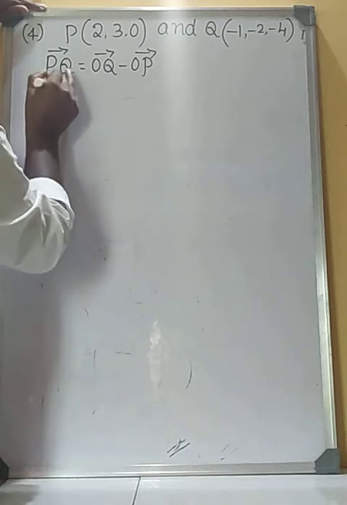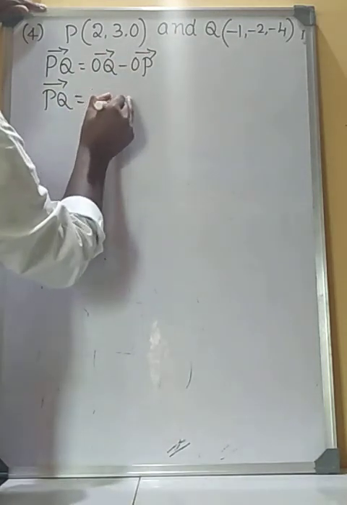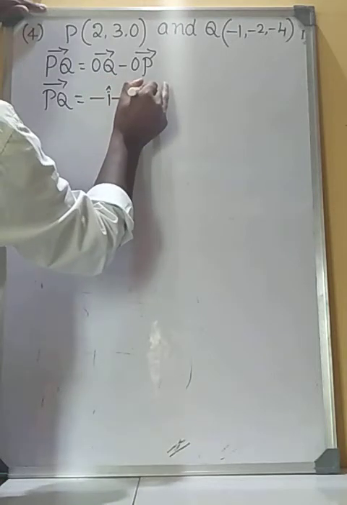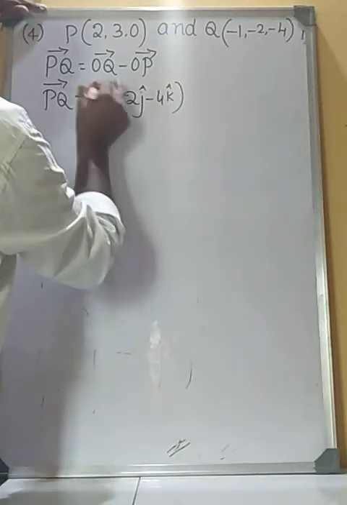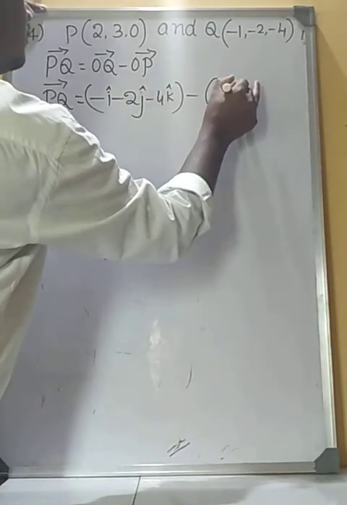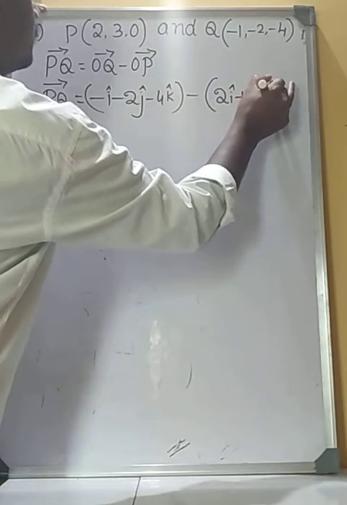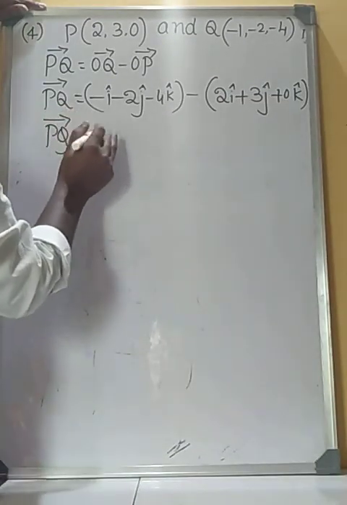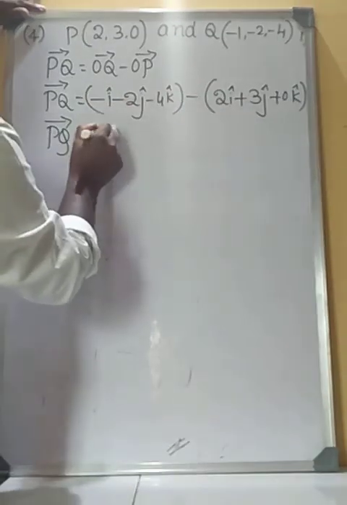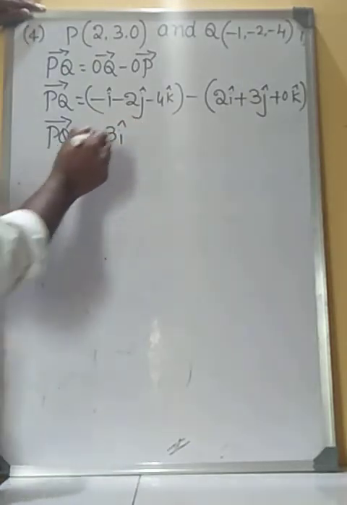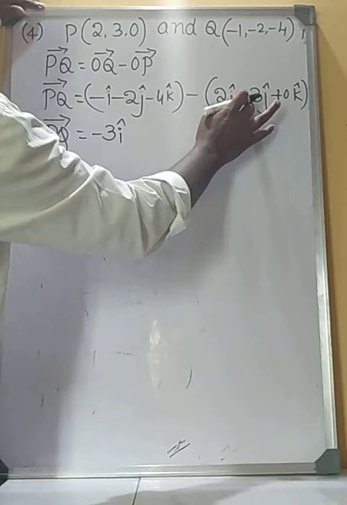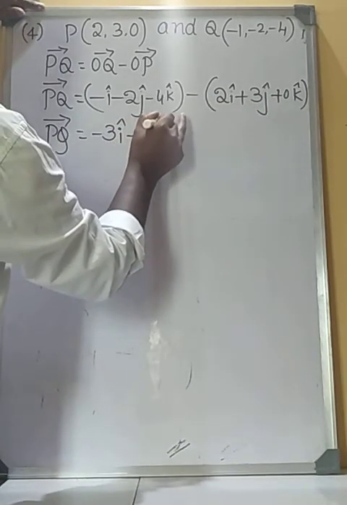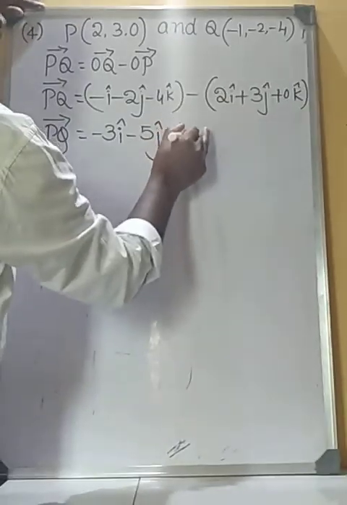Therefore PQ vector is equal to minus i minus 2j minus 4k minus (2i plus 3j plus 0k). So PQ is minus 3i minus 5j minus 4k.